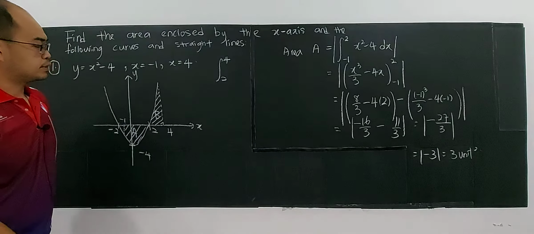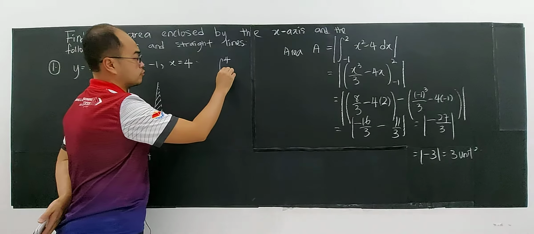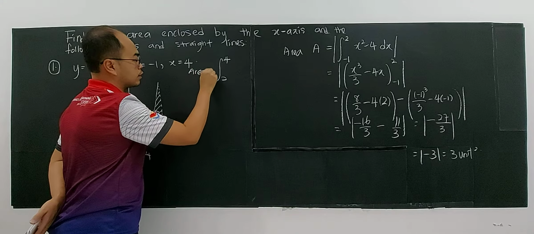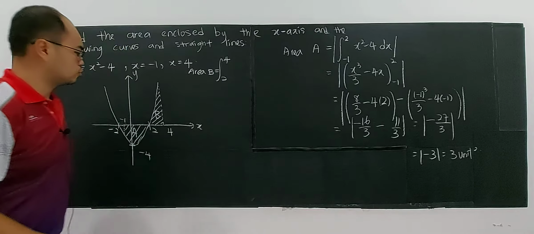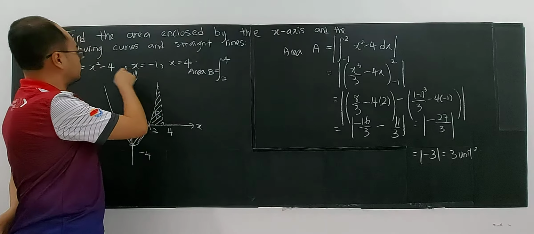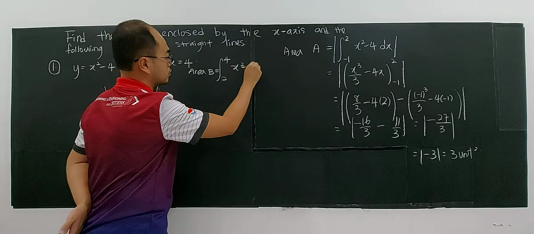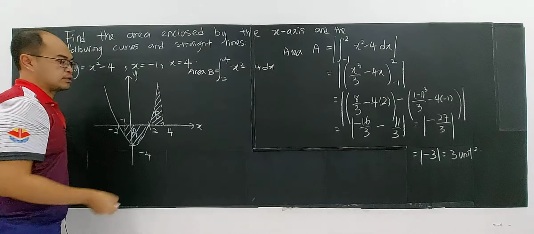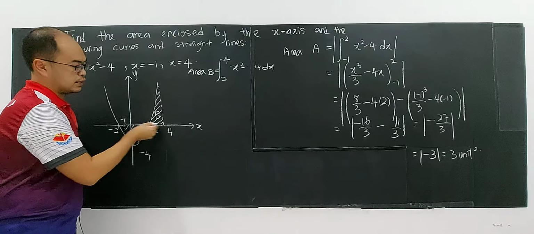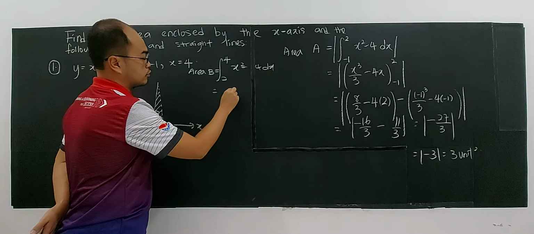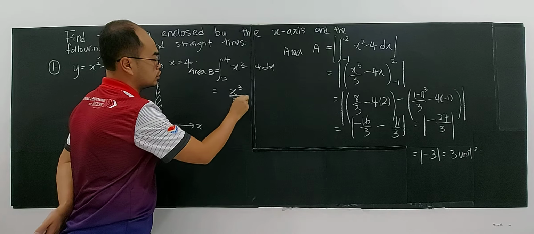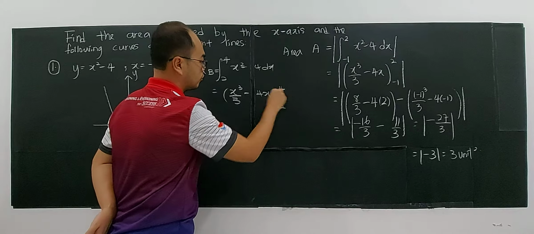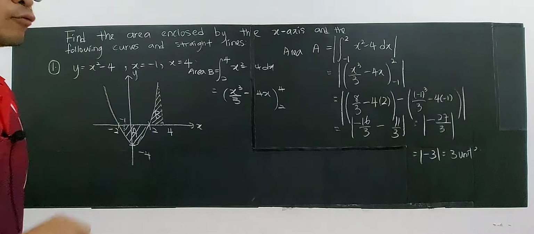For part B, I'm integrating from 2 to 4, the area of B, under the curve of x squared minus 4 with respect to x, between this curve and the x-axis. Then we integrate and get x to the power 3 over 3 minus 4x, from 2 up to 4.